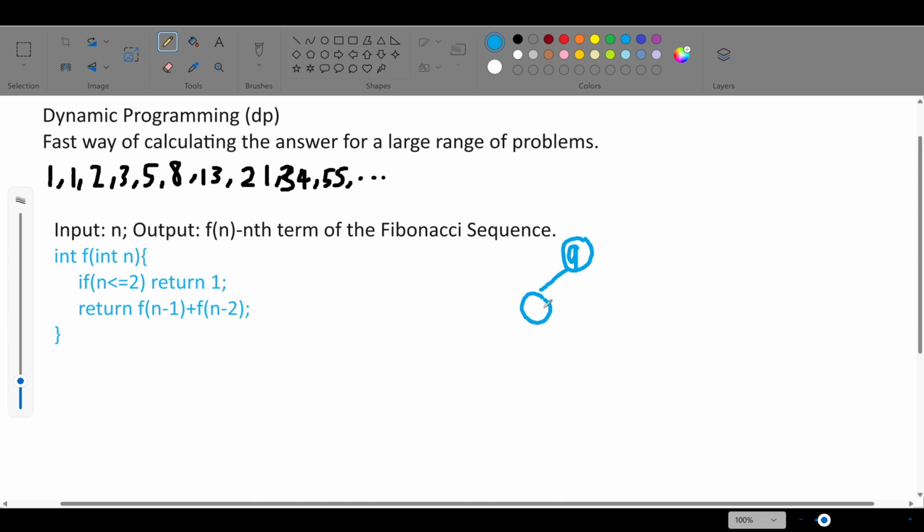So we have n equals 9, and for n equals 9, we split this up into n equals 8 and n equals 7. And we put the function into these again. So we split n equals 8 up into n equals 7 and also n equals 6.